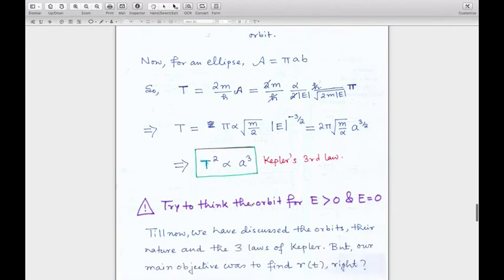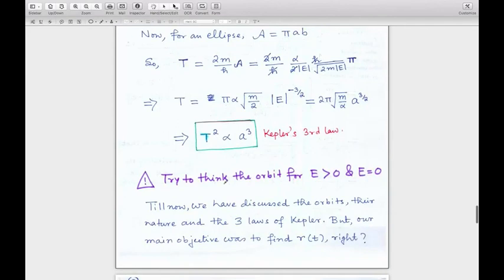Now try to think, we have discussed this for an attractive 1 by r potential given the total energy is negative. Now try to think about the orbit and the corresponding conditions for E greater than 0 and E is equal to 0.